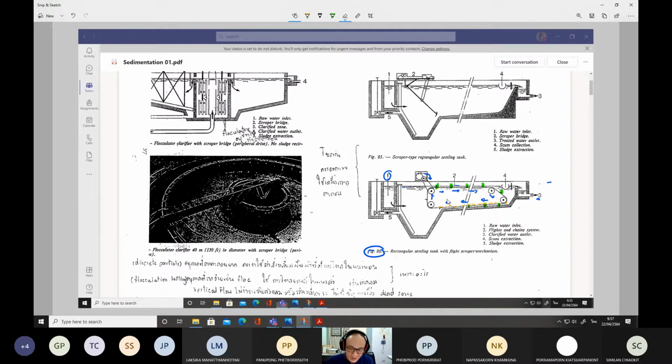Once it moved up, somebody may question why this chain has to move up and reach the surface. By nature, some of the suspended solids, especially in the case of a wastewater treatment plant, the sludge is an organic substance by nature.